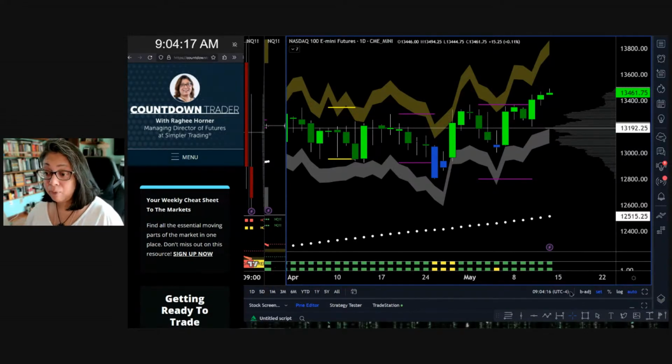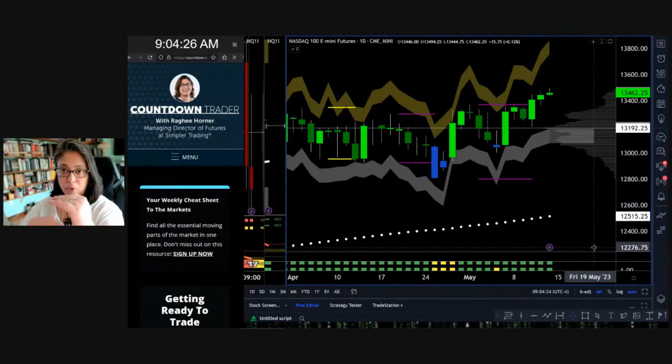In fact, if we were to sell off, look at the point of control and then look at the volatility support. They're right there complementing each other. So a pullback to that zone in the NASDAQ is going to be far more bullish. And I don't have a bearish outlook on the NAS at all. Will we get pullbacks?